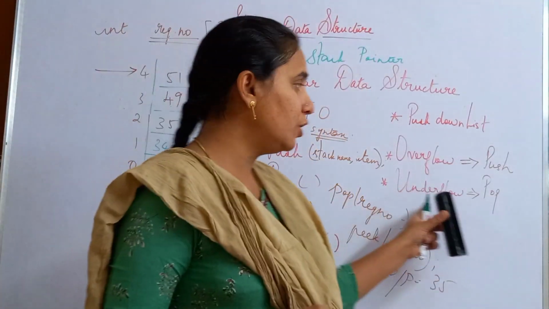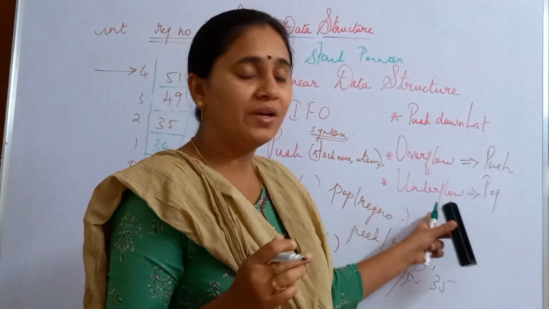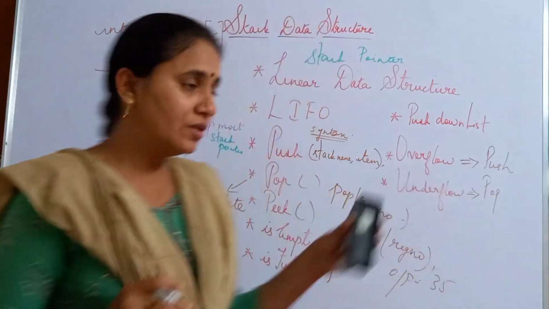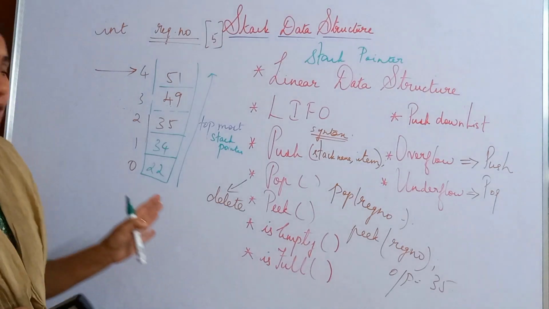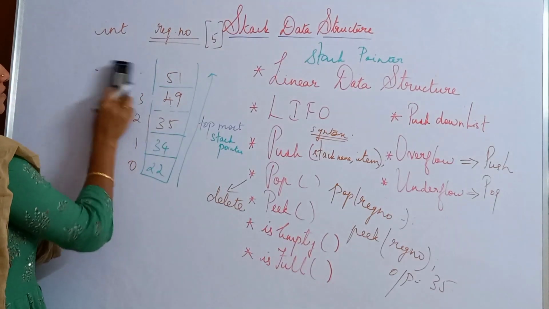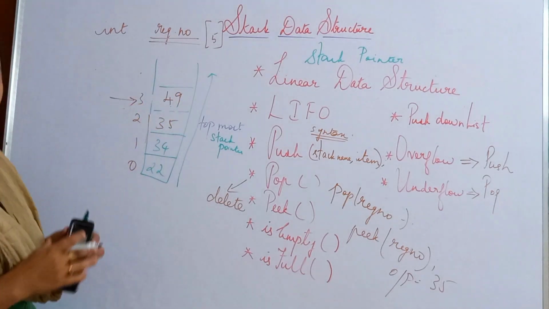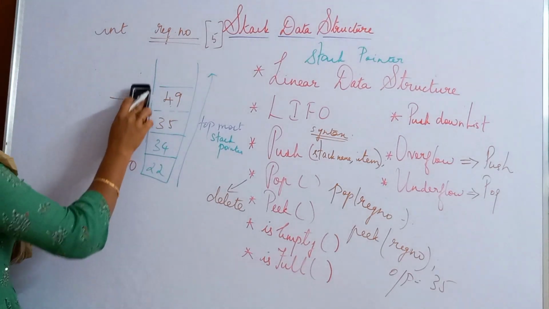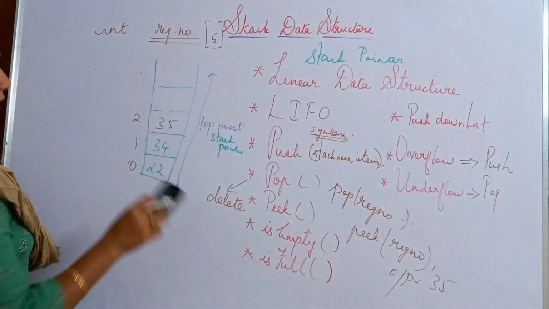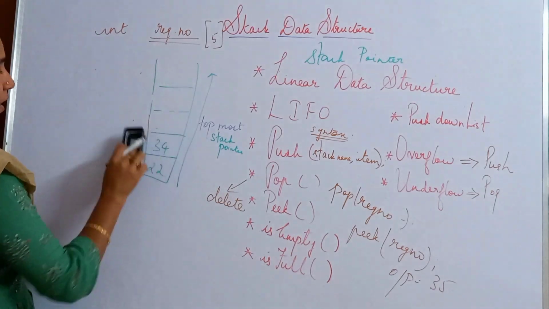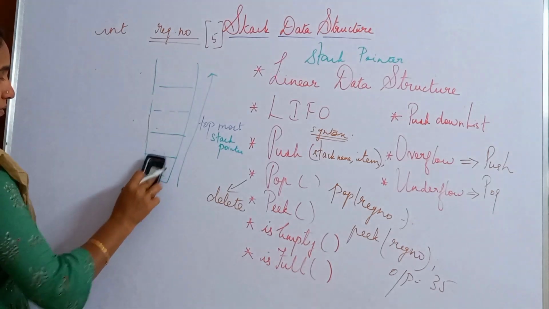Right? Now what is the meaning of underflow? It relates to the pop operation. Now I am going to delete the stack elements. For example, the fourth element is deleted, then the pointer will be pointing here. Again, I am deleting the third element, then the second element, the first element and the zeroth element.